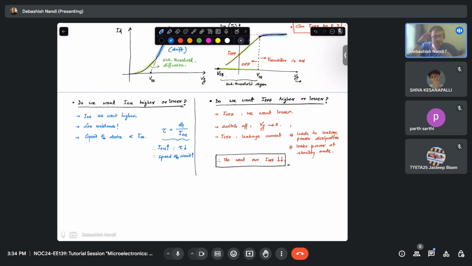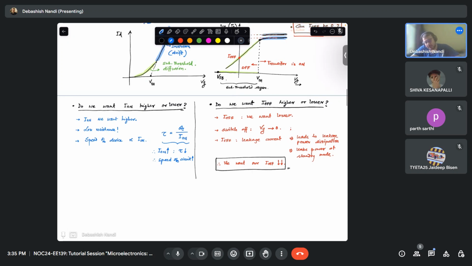But for the time being, understand it this way: time is charge divided by current. The more speedily you build up your charge, or the inversion charge, the better for the speed of the device. So you need higher Ion to reduce tau. That will increase the speed of your device.